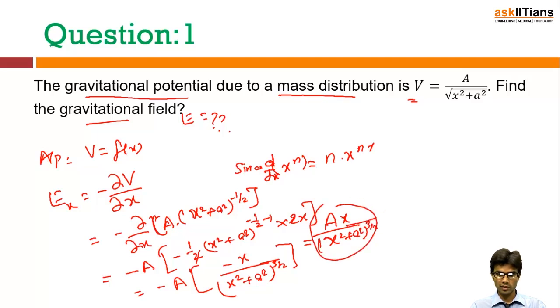So this is Ex. Since V is only a function of x, the value is only for Ex, and Ey is equal to 0, also Ez is equal to 0. We are using the previous formula, the relationship between gravitational potential and gravitational field.